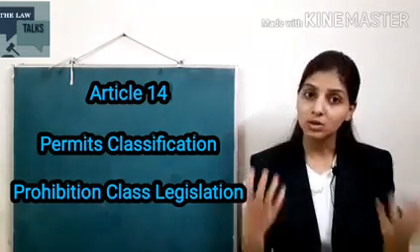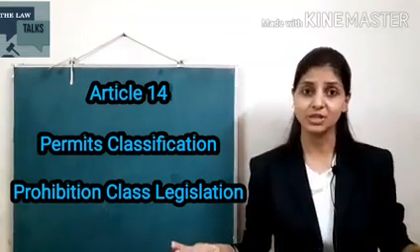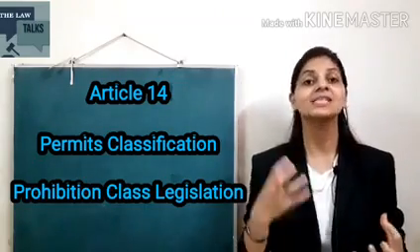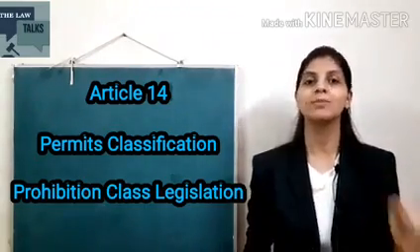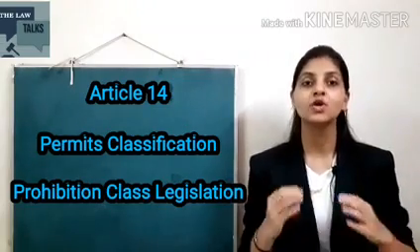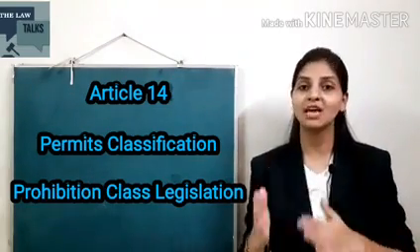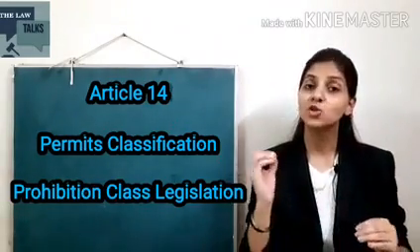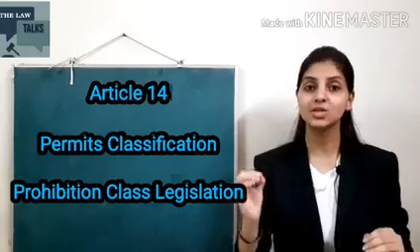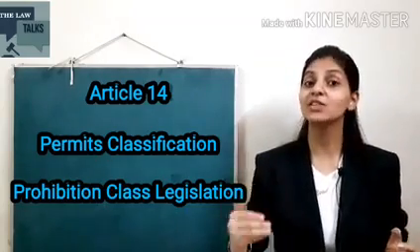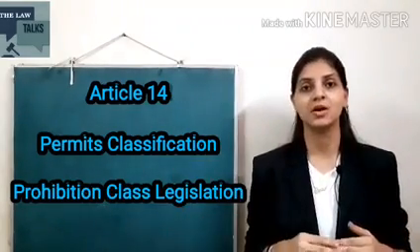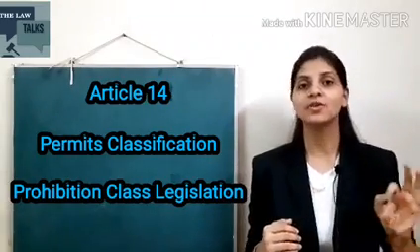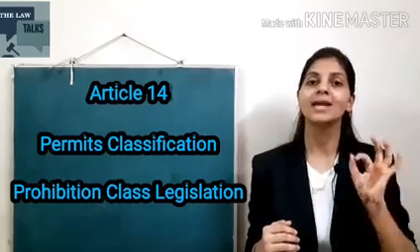Here we are making a classification, we are differentiating, but this differentiation is real and substantial, and it is also very important to fulfill the objective to provide education to each and every individual in our country. Which means that those classifications or distinctions which aim at achieving the real objective of a legislation, in that case, such classification or differentiation are good and helpful.